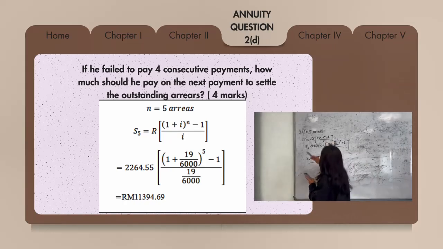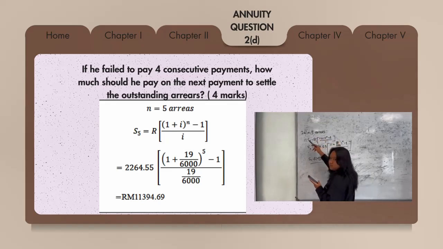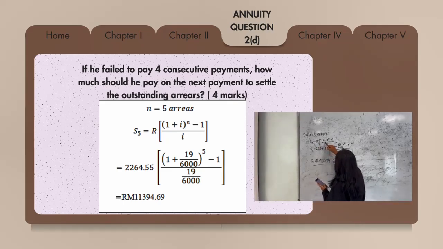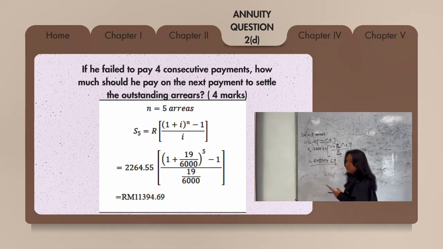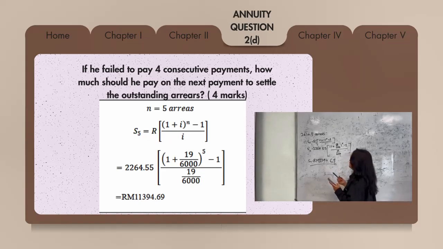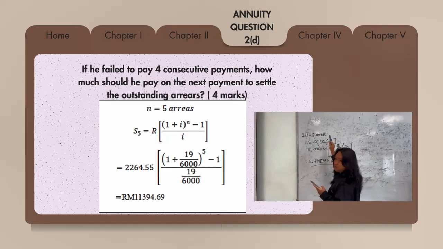Okay, so here n equals 5, the total of 5 months of arrears. We're going to use this formula, S equals R, in the bracket 1 plus I to the power of n minus 1, over I. Based on the information that we got from the previous question, we fill in this formula.